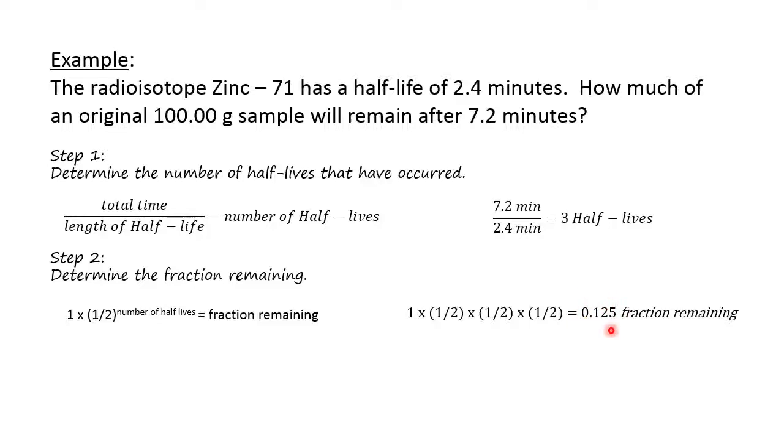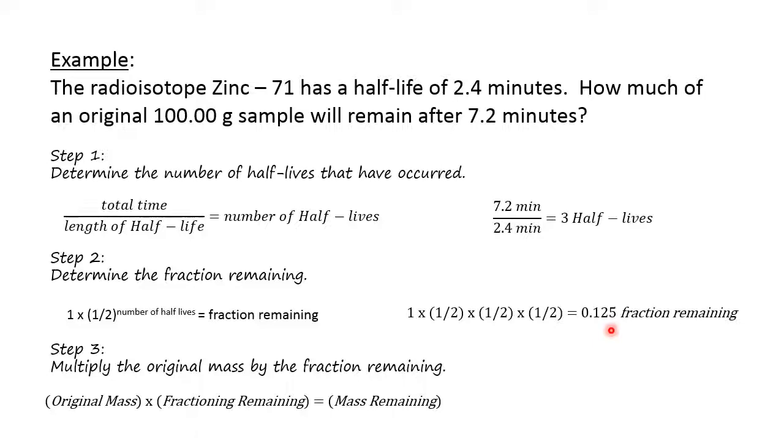Okay, and so now we can apply the fraction remaining to determine the mass of sample left after the 7.2 minutes. So if we multiply the original mass by the fraction remaining, we will then be able to calculate the mass of the remaining radioisotope.